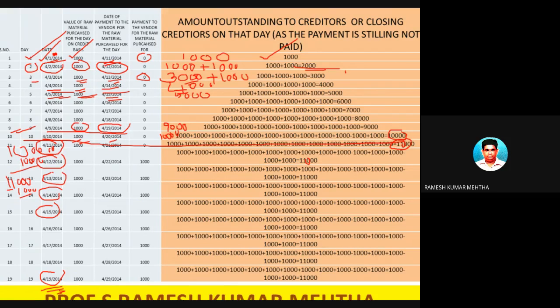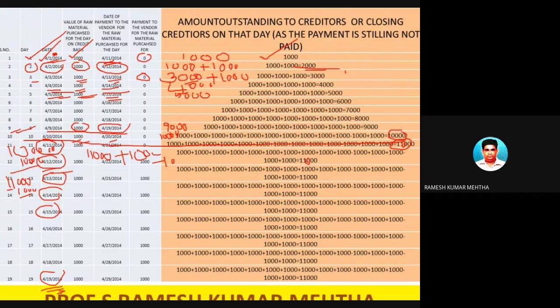If you carry on the discussion like this, on the 12th day, again I am purchasing another 1,000 rupees of raw material on credit basis, and the payment of the second day's purchase will be made on the 12th day.